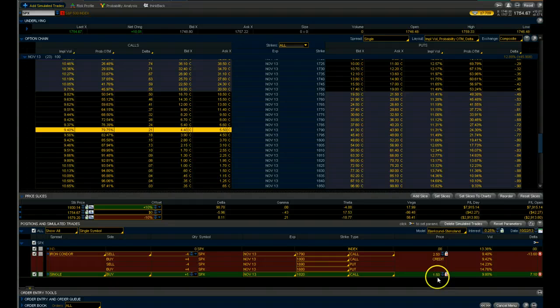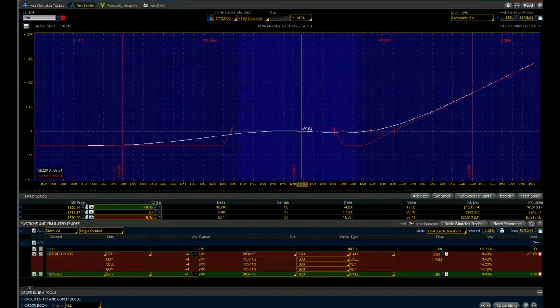This call cost me $1.50. Now if we look at the risk profile, I want you to see how it has totally collapsed. If you look at the T line, notice how this call protects me should the market go up.